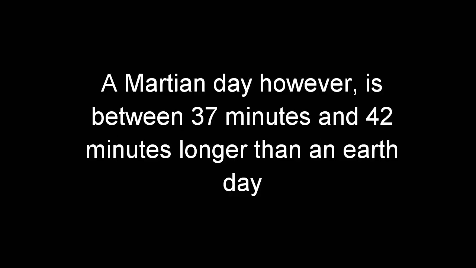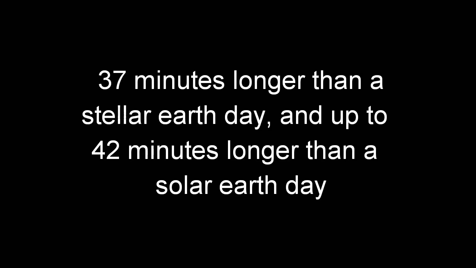A Martian day, however, is between 37 minutes and 42 minutes longer than an Earth day. 37 minutes longer than a stellar Earth day, and up to 42 minutes longer than a solar Earth day. For this reason, there are only about 671 Martian days in one Martian solar year.